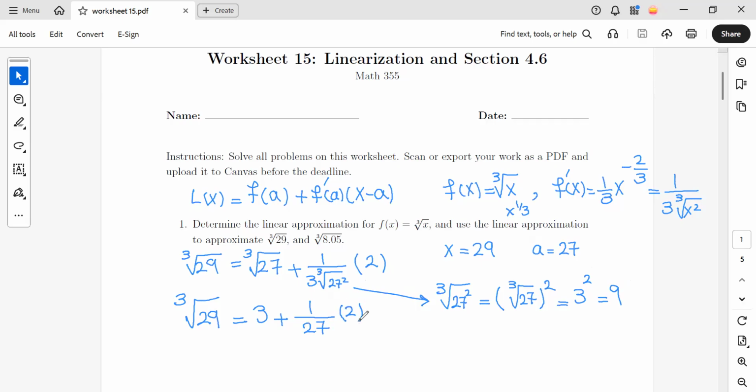And we know that this one is 2. Using a calculator, cube root of 29 will be approximately 3.074, which makes sense because 29 is a little bit more than 27. So we expect that cube root of 29 be a little bit more than 3.